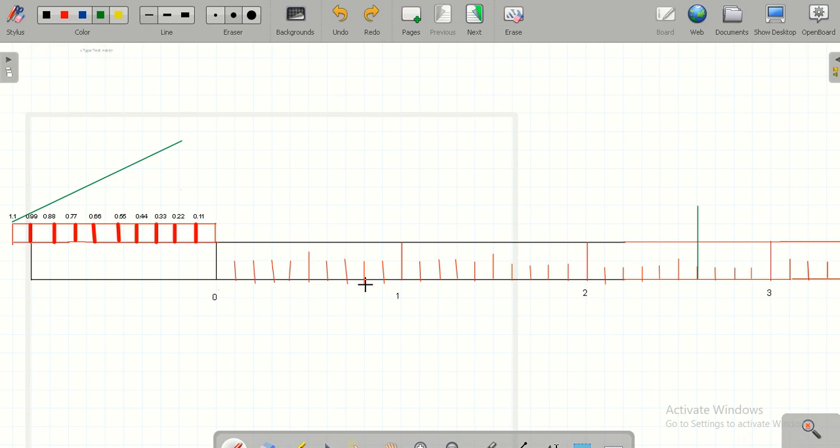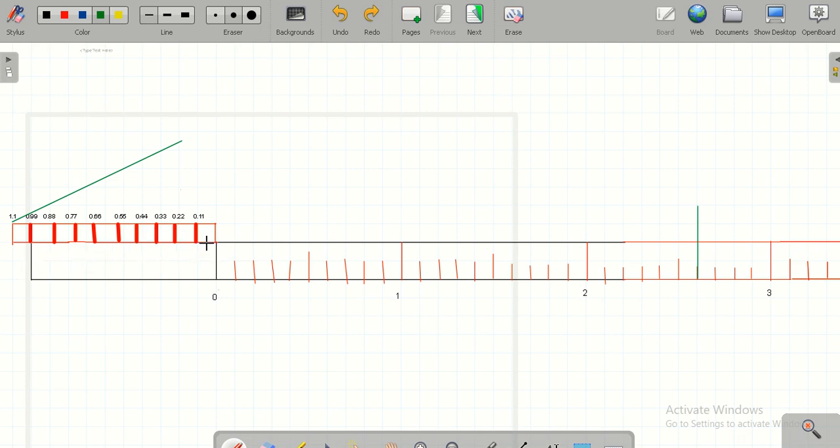Imagine the 1 centimeter you carry. So this one division will be 1 mm. Though it's looking very long, this is 1 mm only. So to draw a Vernier scale, see, this is 10 mm. 10 mm means 1 centimeter.